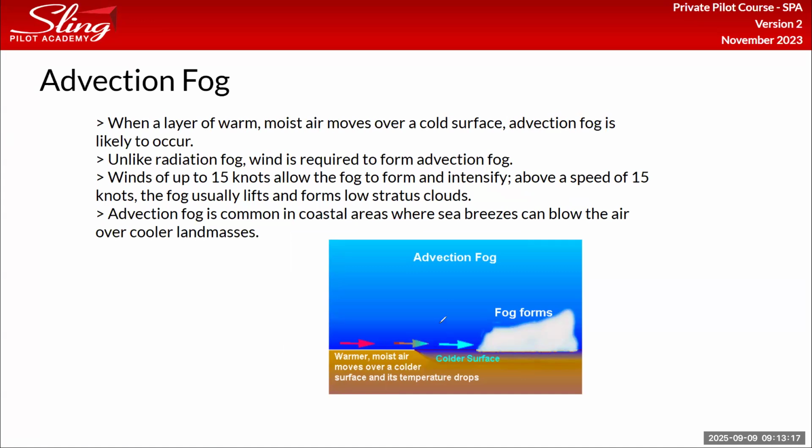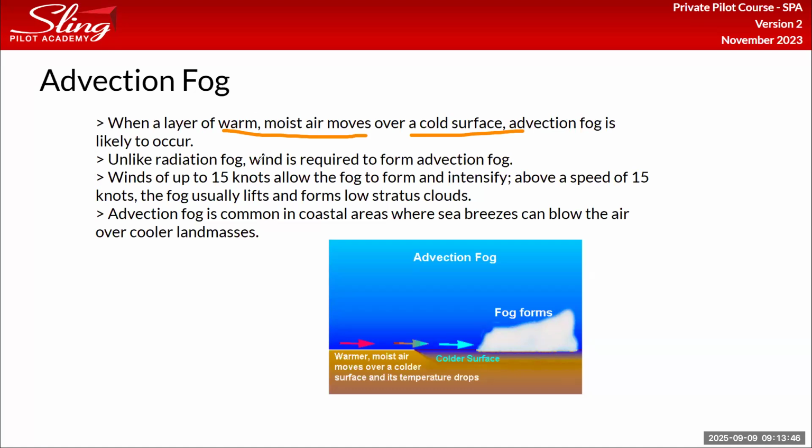So the water from the ocean creates a warm, moist air mass that moves over a cold surface, as in the ground of land. When it moves over the cold surface, it cools to its dew point and fog forms.